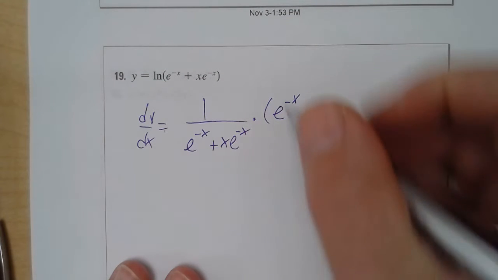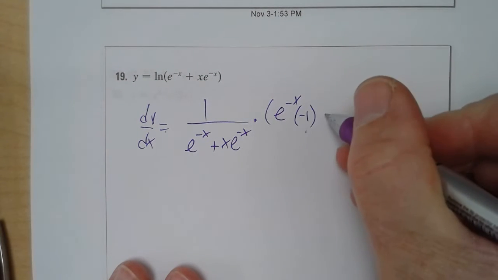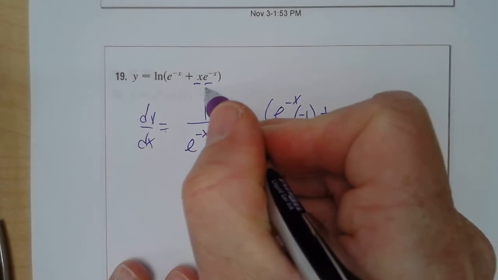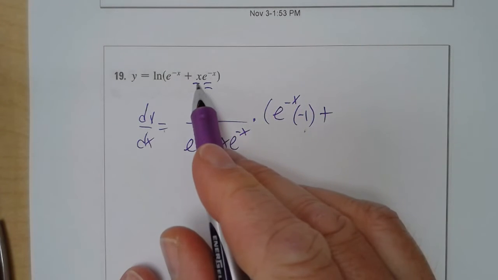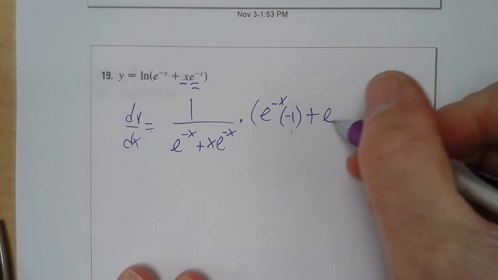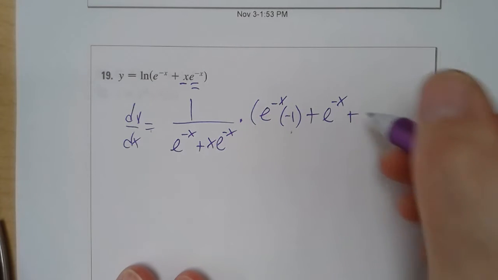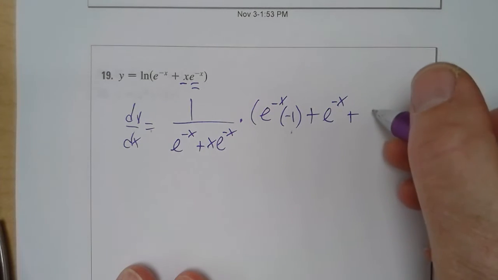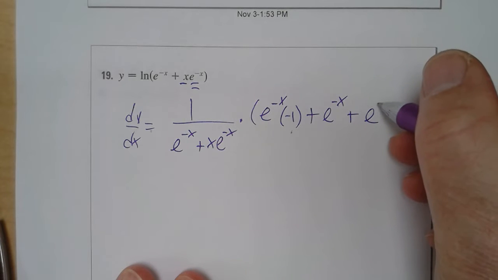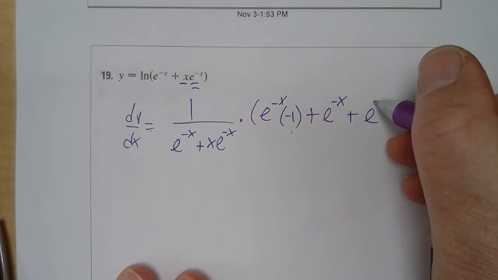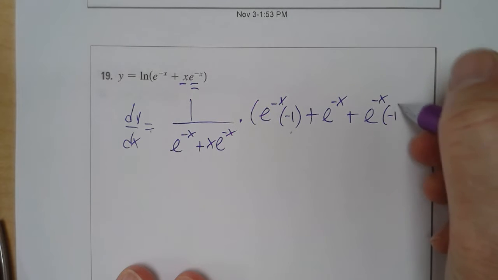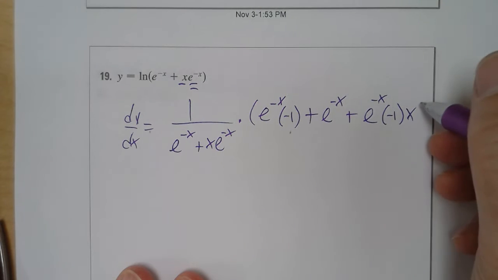There's a negative x there, so it's times negative 1, plus, now I have to do the product rule. Derivative of the first is 1, so it's e to the negative x, plus derivative of the second, which I just did, e to the negative x times negative 1 times x.